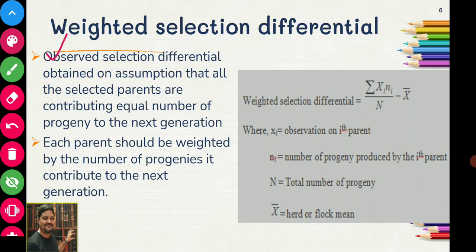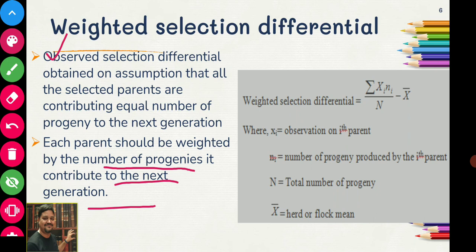The observed selection differential is obtained on the assumption that all the selected parents contribute an equal number of progeny to the next generation. But the fact is that each parent should be weighted by the number of progeny it contributed to the next generation. It is not always that each parent will contribute an equal number of progeny.